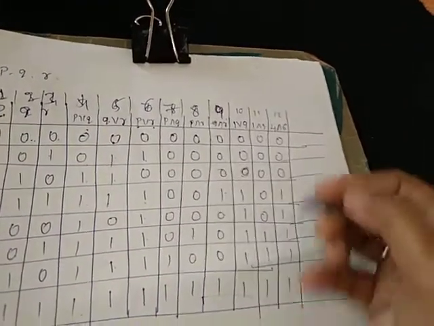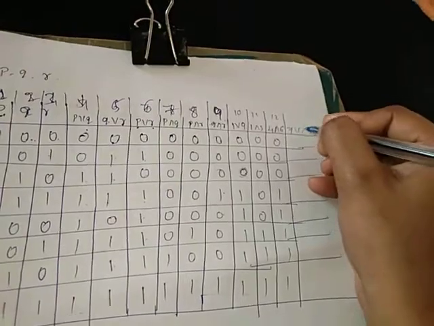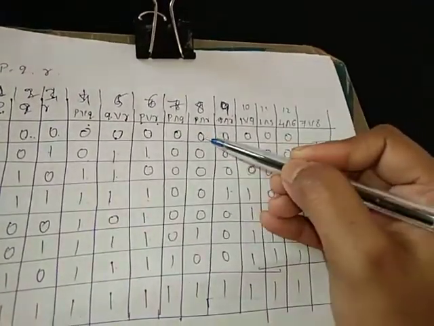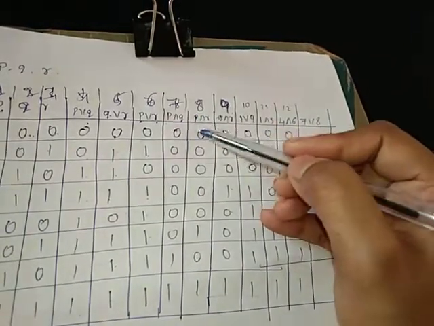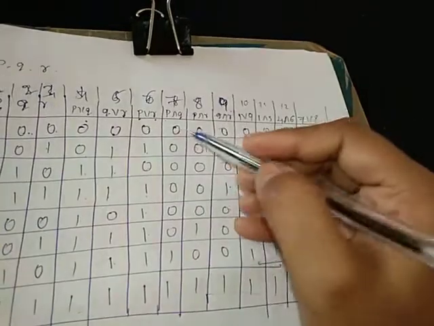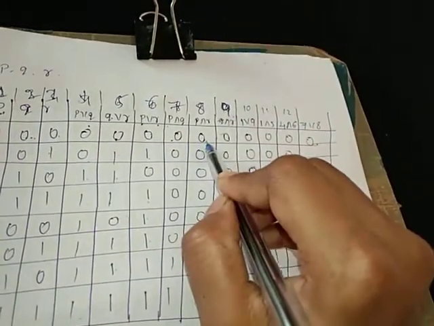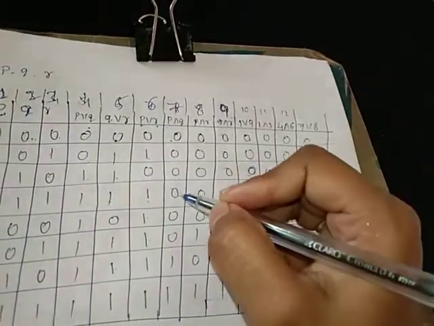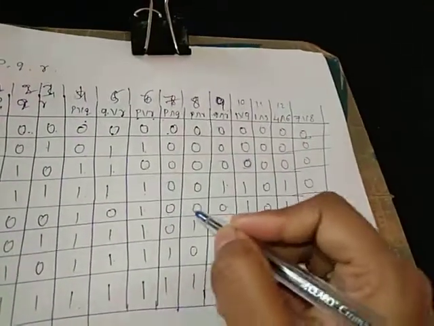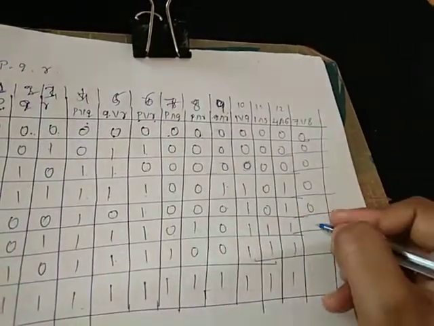Now construct 7 or 8, that is, P and Q or P and R. 0 or 0, 0 or 0, 0 or 0, 0 or 0, 0 or 0, 0 or 1, 1 or 0, 1 or 1.